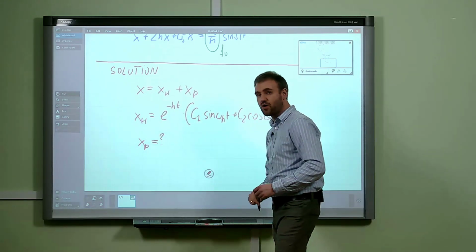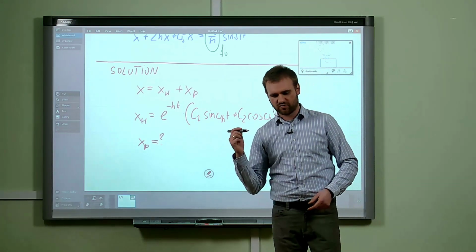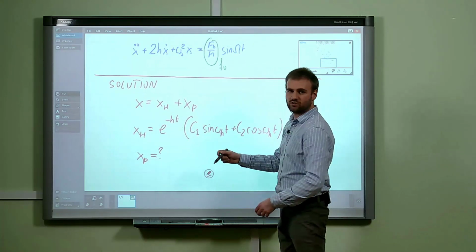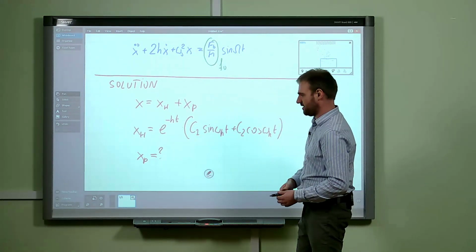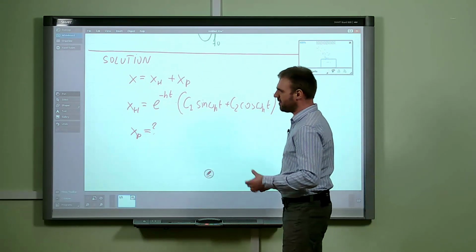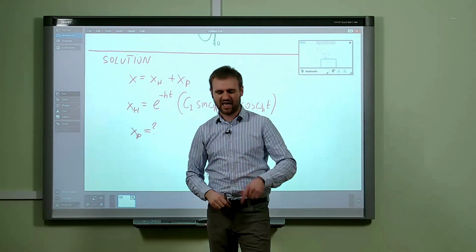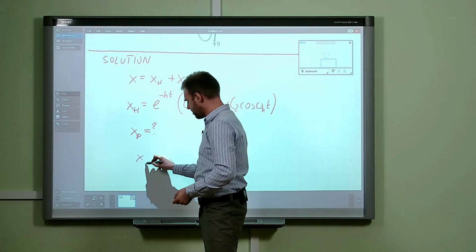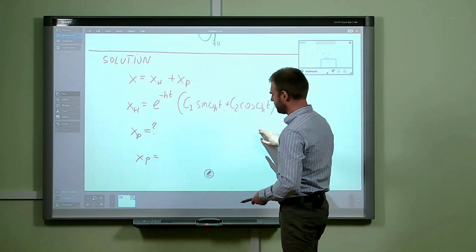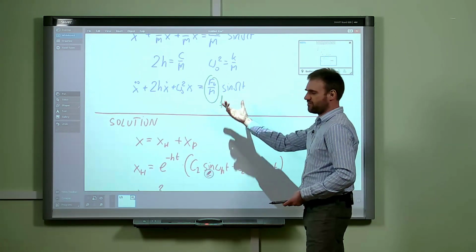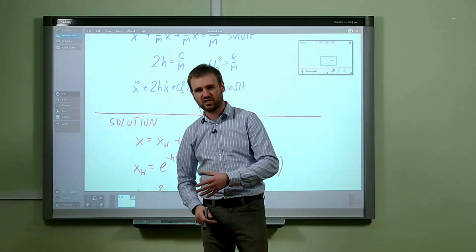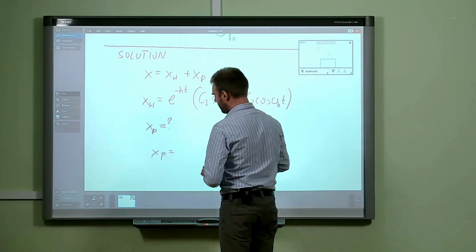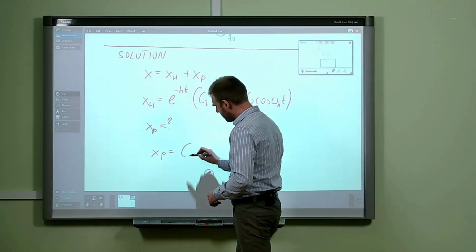Now we will be speaking about how to find that, because it is the problem how to find the solution under such an excitation. Generally we will be basing on the method of prediction, and like in the case of undamped excited vibration, we will predict the solution. From the theory of differential equations, we know that if the right-hand side is a sine and cosine process, we should predict the solution as a linear combination of sine and cosine with the same frequency.